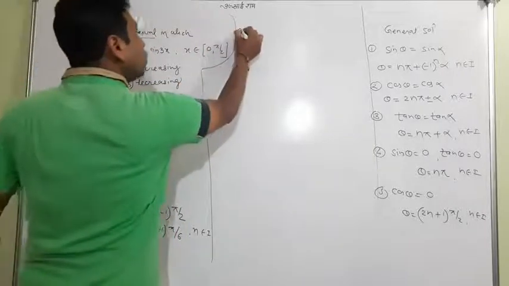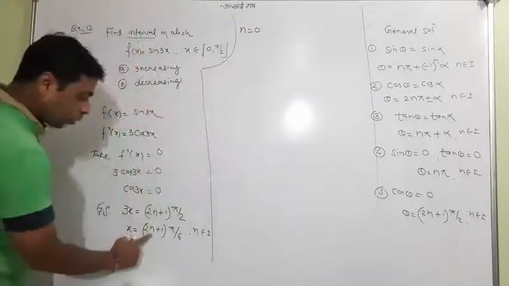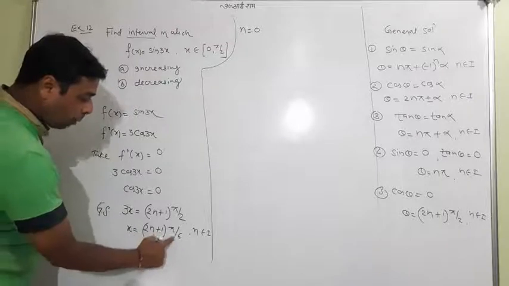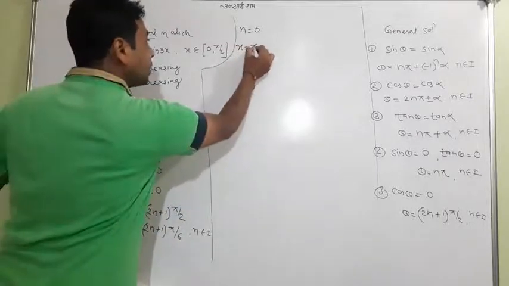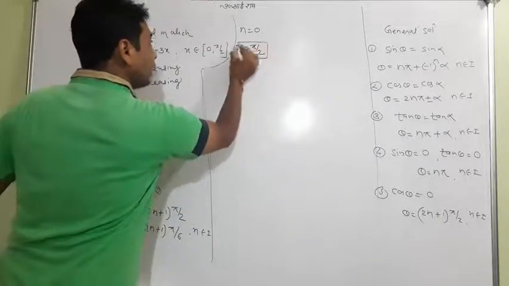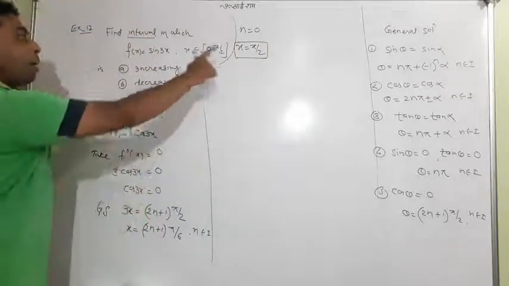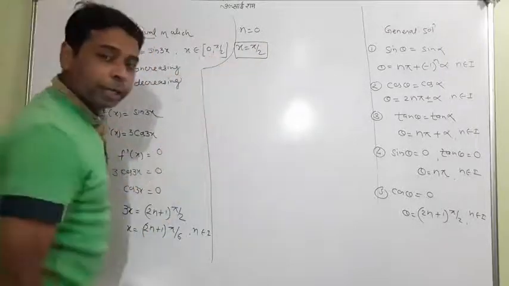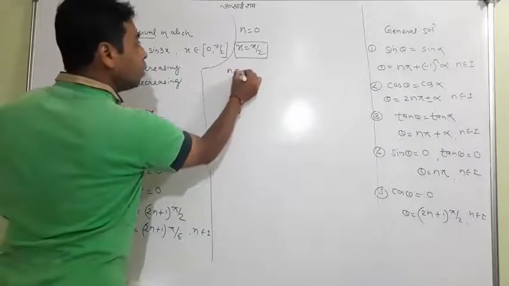Okay, first I'll put n equal to 0. When I put n equal to 0, 2 into 0 plus 1, pi by 6. Definitely the answer is pi by 6. And this is one of the critical points, because x is pi by 6 belonging in 0 to 90 degrees. And n equal to 1.